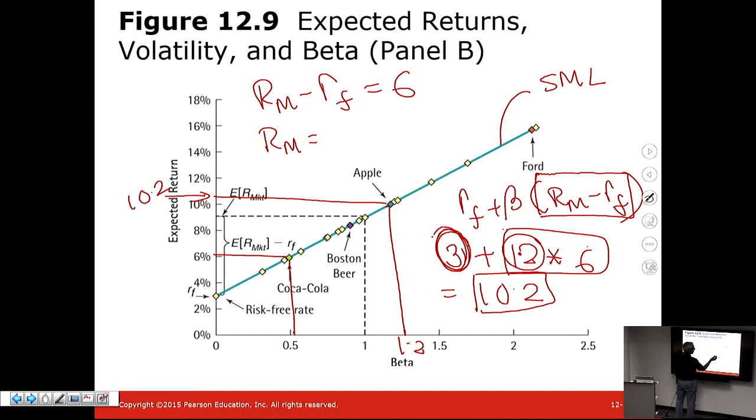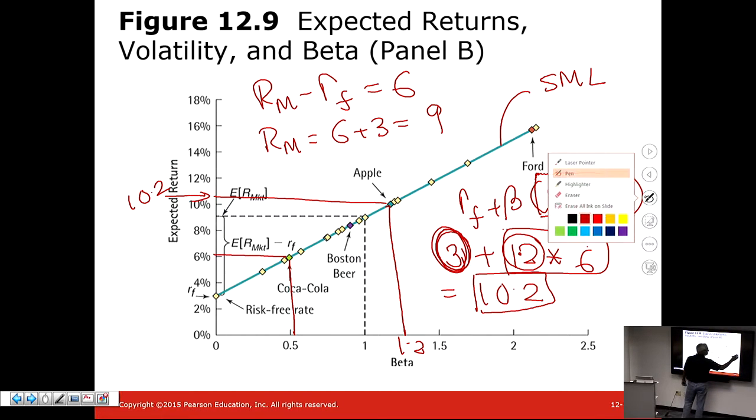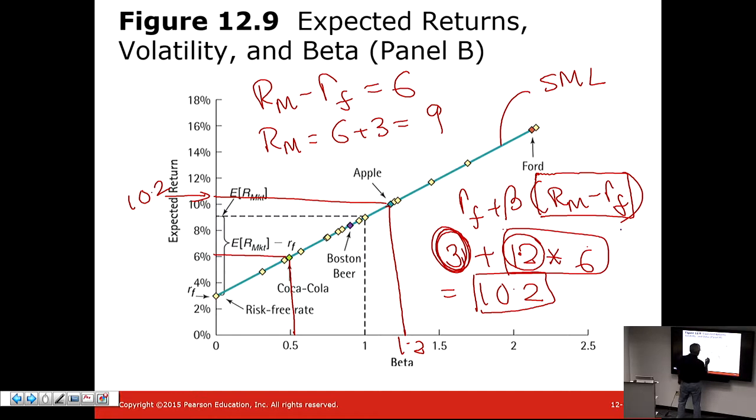If Rf is already 3, Rm would be 6 plus 3, Rm would be 9%. And we see this over here. Notice this, that here is market beta. Beta for the market is always 1. By definition, it is 1. Then return for market is 9%.